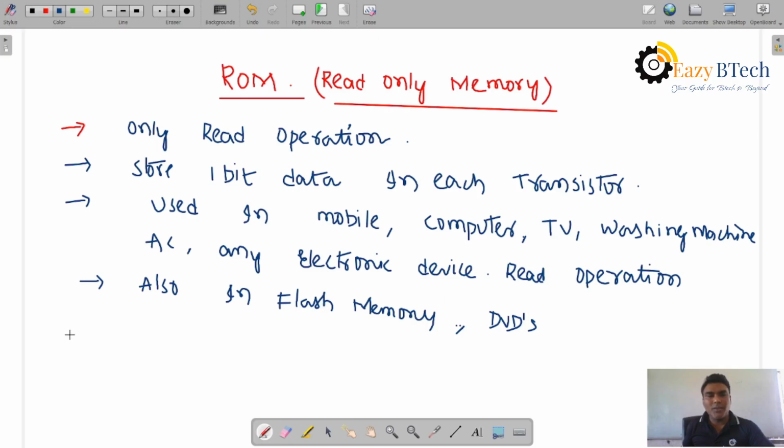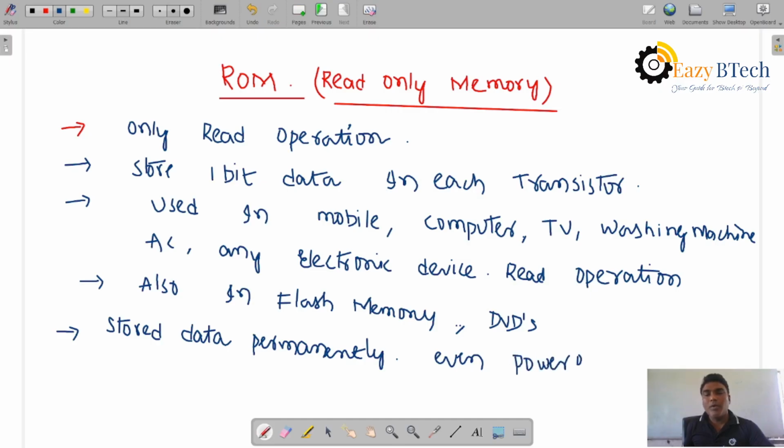The advantage of ROM is that it stores data permanently. Even when power is off, the data cannot be erased.